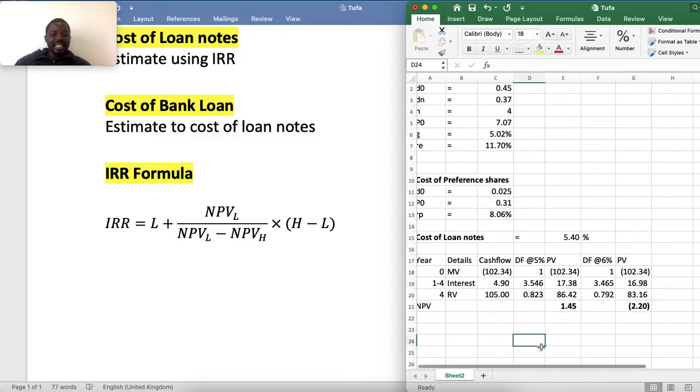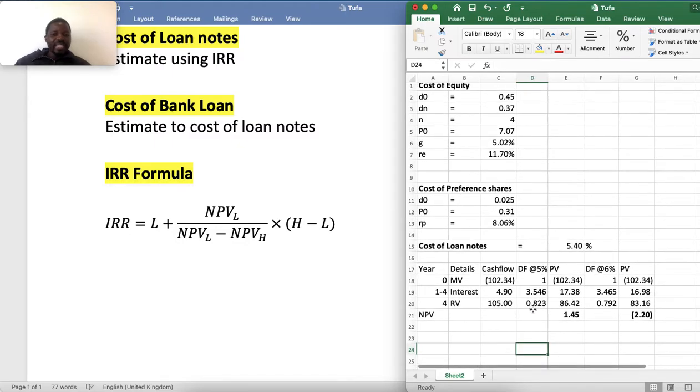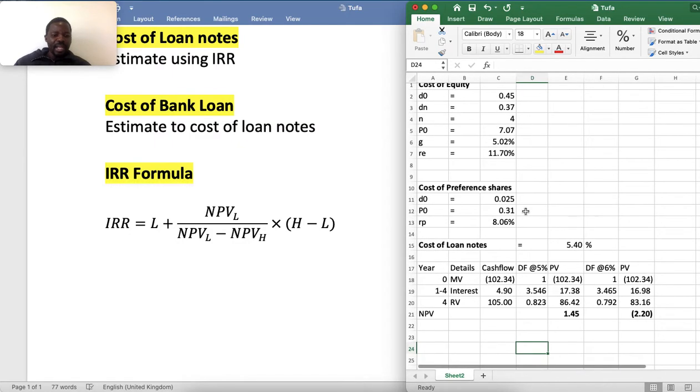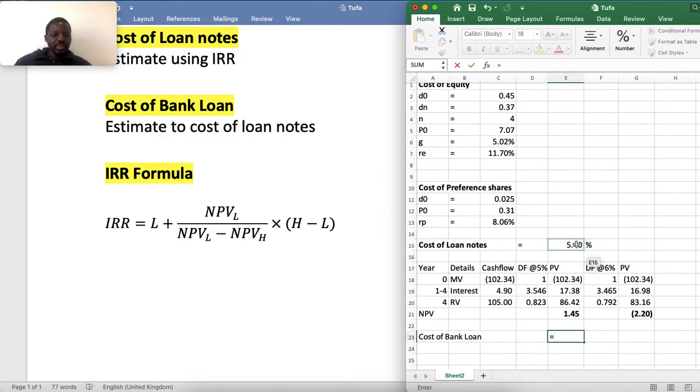5.4% like that. So we said this also will be our cost of bank loan, which is also equal to 5.4%.